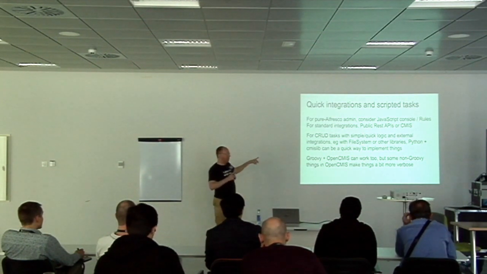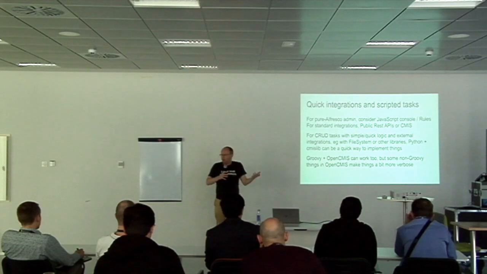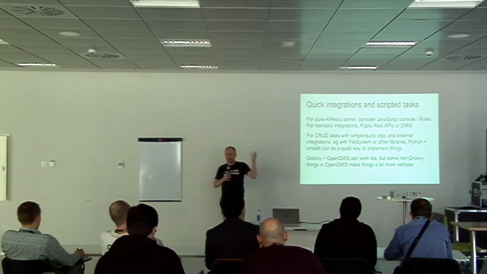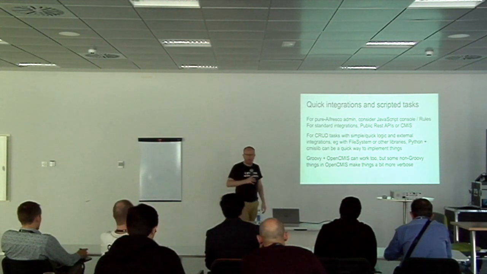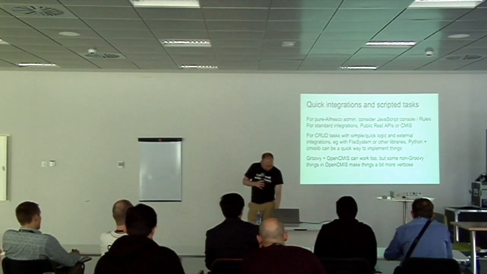I tend to find that because the OpenCMIS APIs are written in Java, they tend to be a bit more verbose, and it doesn't feel as Groovy-ish or as Scala-ish, whereas the Python ones are very Pythonic, and so you can write some very short, concise code that will do quite a lot of stuff for admin or little quick integrations and one-offs and so on.